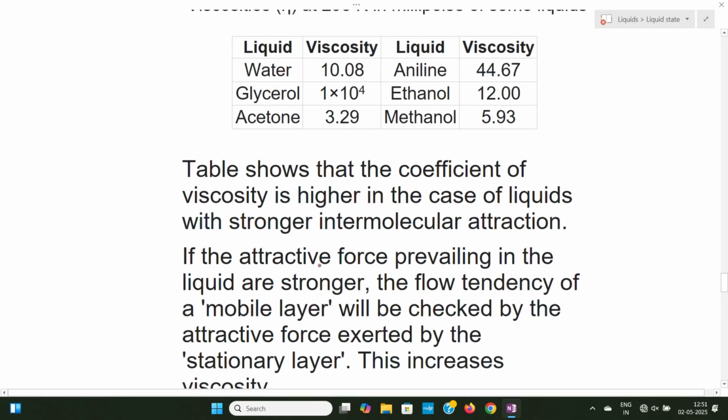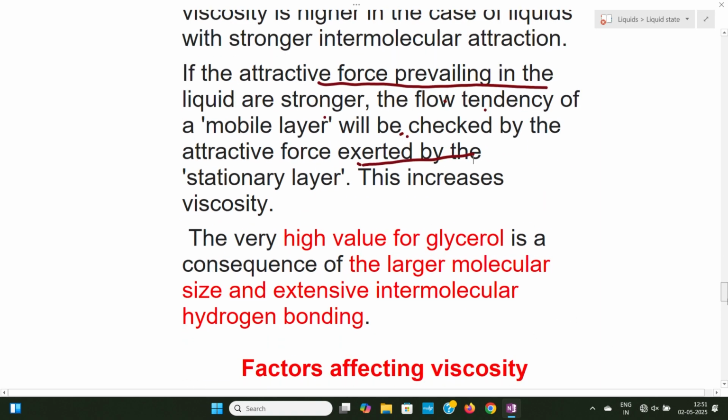Because of the stronger intermolecular attraction and the intermolecular hydrogen bonding, glycerol is more viscous. If the attractive forces prevailing in the liquid are stronger, the flow tendency of a mobile layer will be checked by the attractive force exerted by the stationary layer. This increases viscosity.